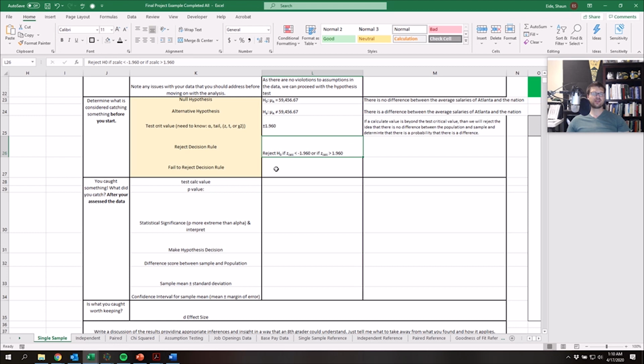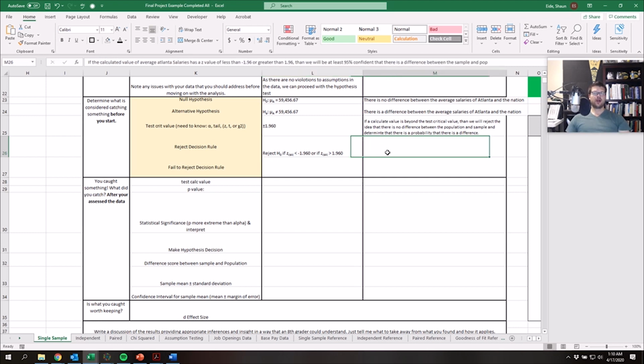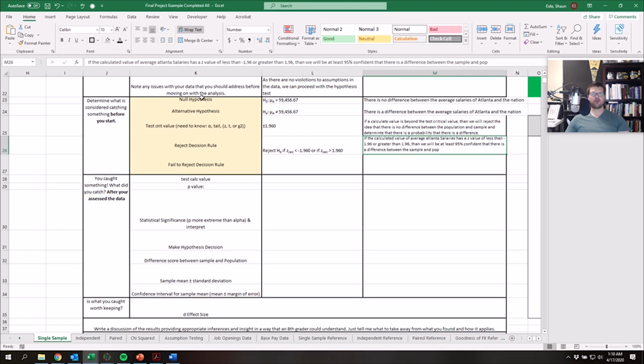If zcalc is less than negative 1.96, or if it is greater than 1.96, we're going to reject the null hypothesis. Okay. And just take a minute and write a little bit more information about that.